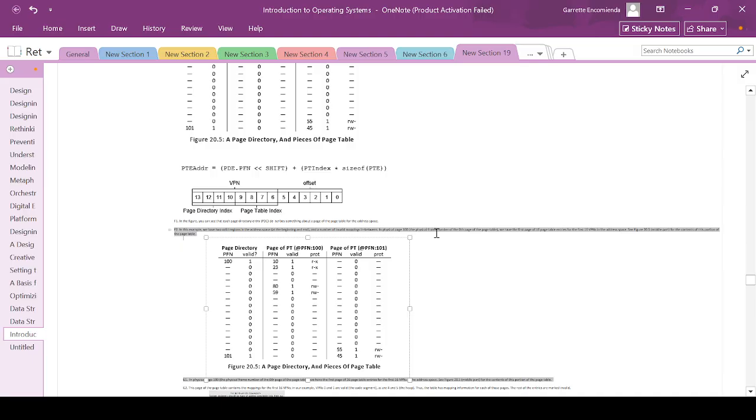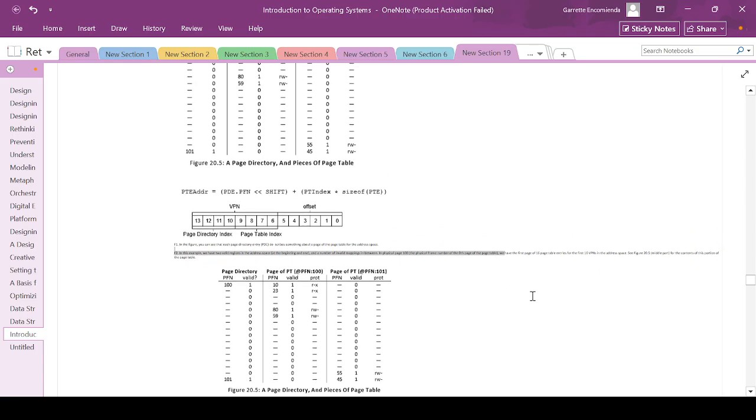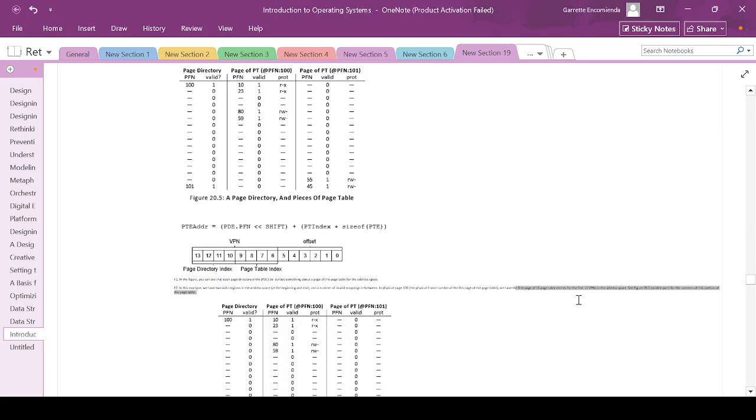Physical page 100 is the physical frame number of the zeroth page of the page table. We have the first page of 16 page table entries for the first 16 VPNs.